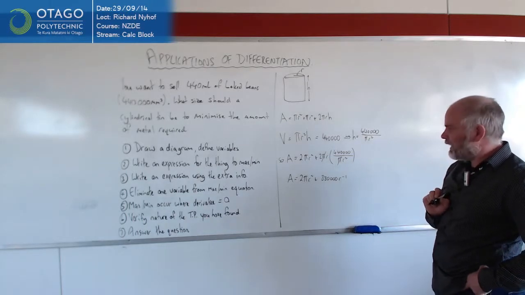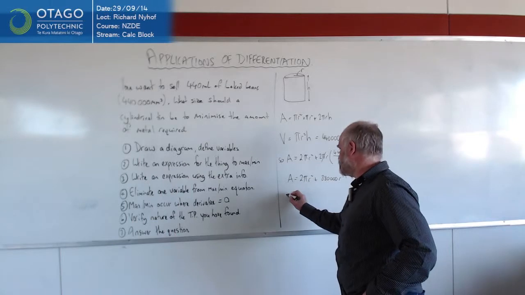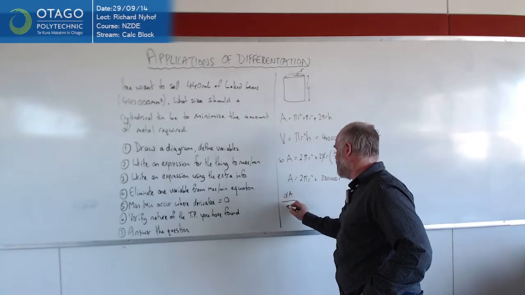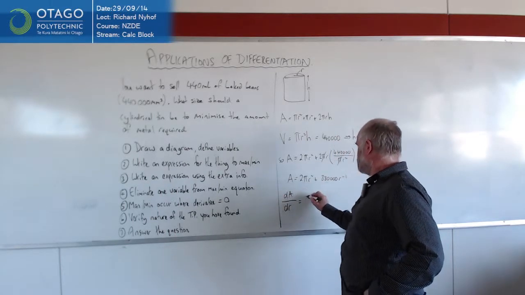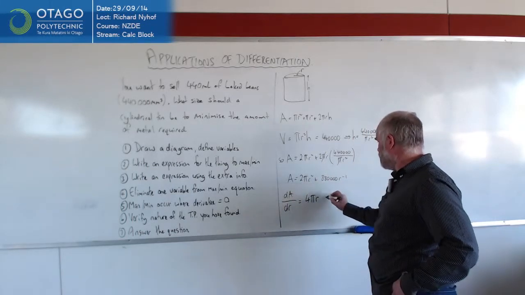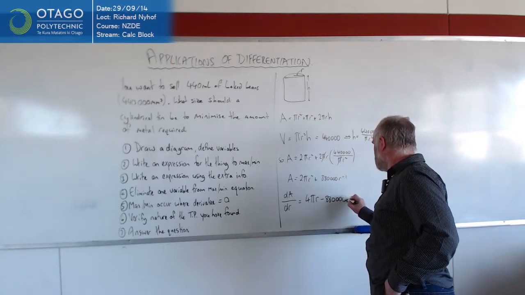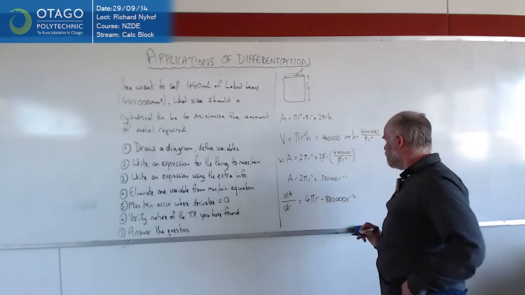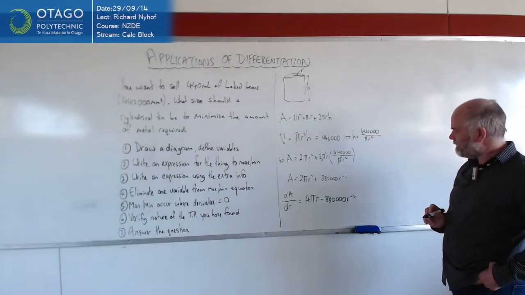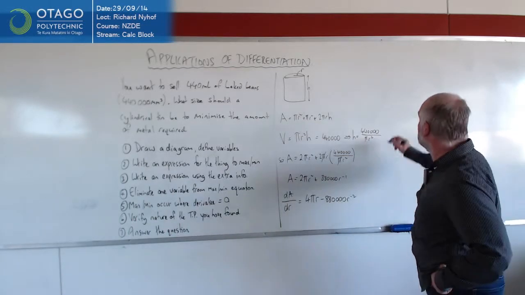Brilliant. Okay. Maximum or minimum occur where derivative equals 0. So I definitely need the derivative for this thing. So dA by dr is, we've got 4 pi r, differentiate that, minus 880,000 r to the power of -2. And we need to make that equal to 0.